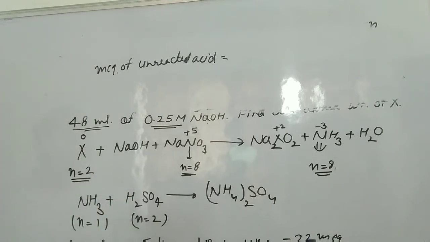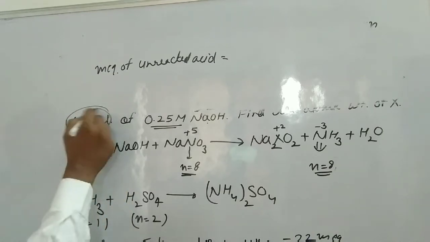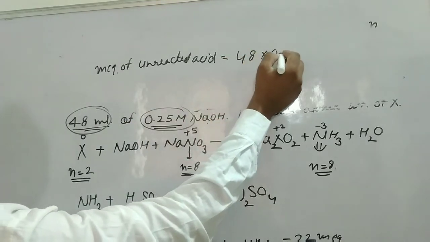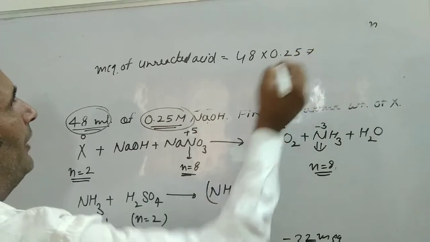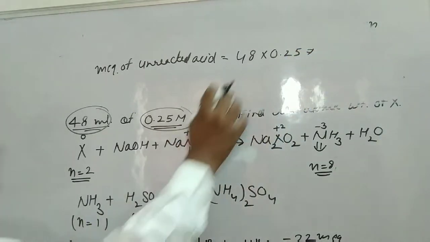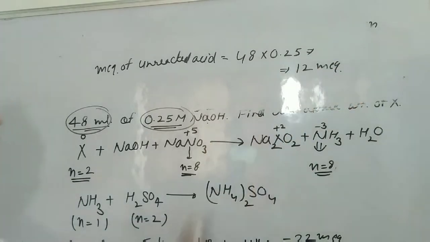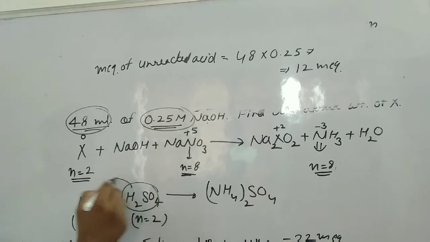And what was the milliequivalent of NaOH? That was 48 into 0.25, which gives 12 milliequivalent.